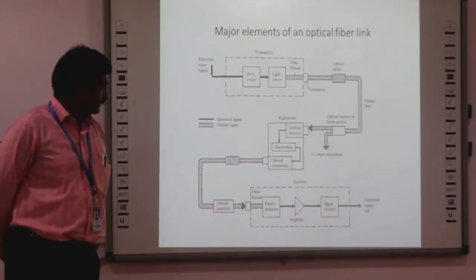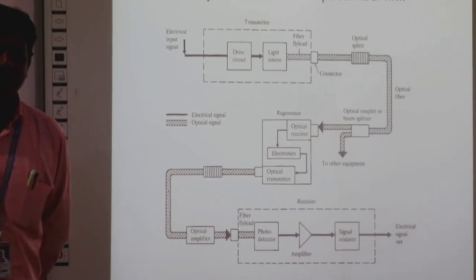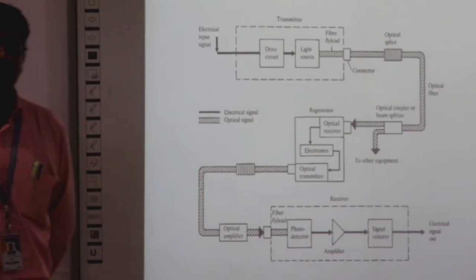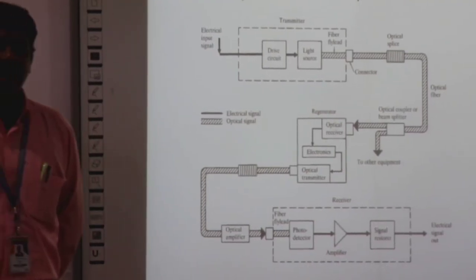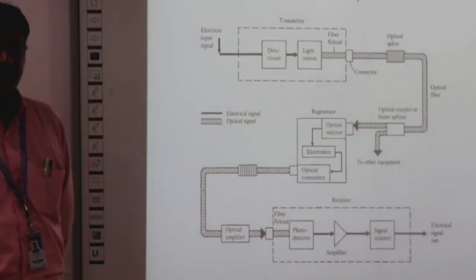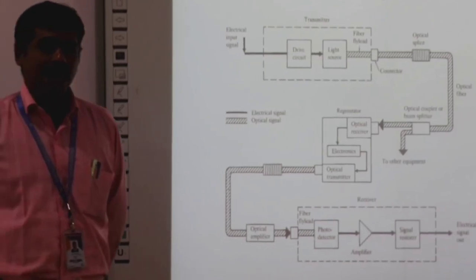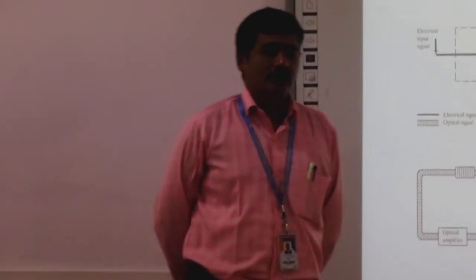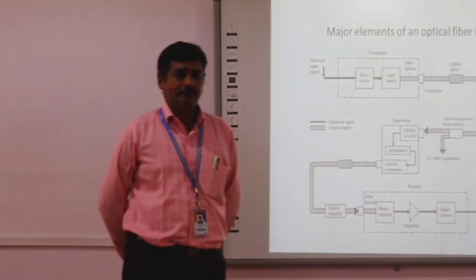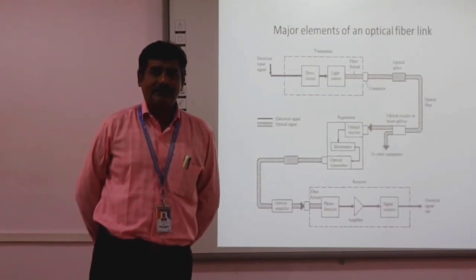The main function of the photodetector is to convert the optical signal into an electrical signal. The signal received at the photodetector is a weak signal, so the performance of the photodetector should be very high. That is, the response time and the quantum efficiency of photodetectors should be very high, so that the signal can be detected by the photodetector and given to the electrical amplifier.